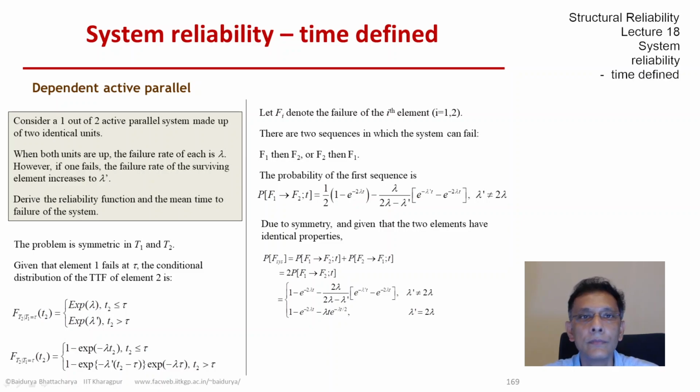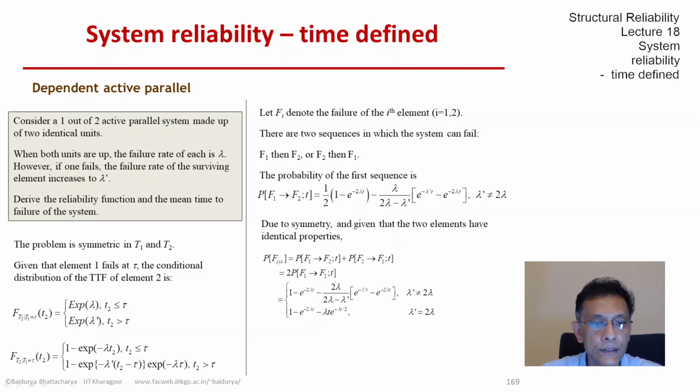So the F sys, the system failure event, is the union of F1 then F2 or F2 then F1, and they are obviously mutually exclusive, so we can add the two probabilities, and it's twice because of the symmetry. And that's what you see in the end. One special case is lambda prime twice lambda, so you have a slightly different form there.